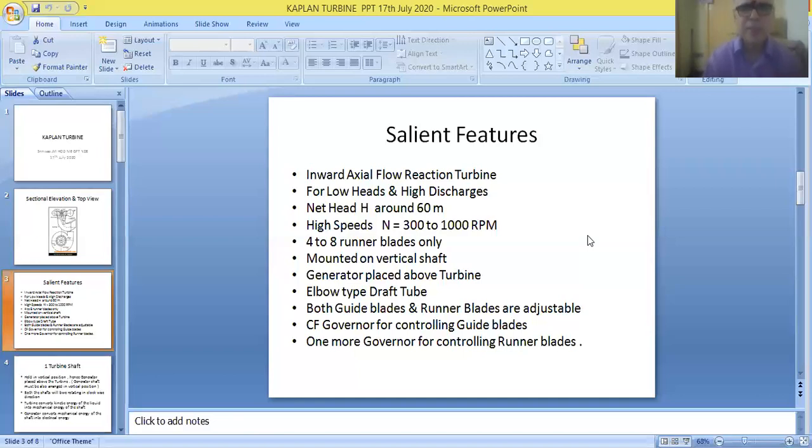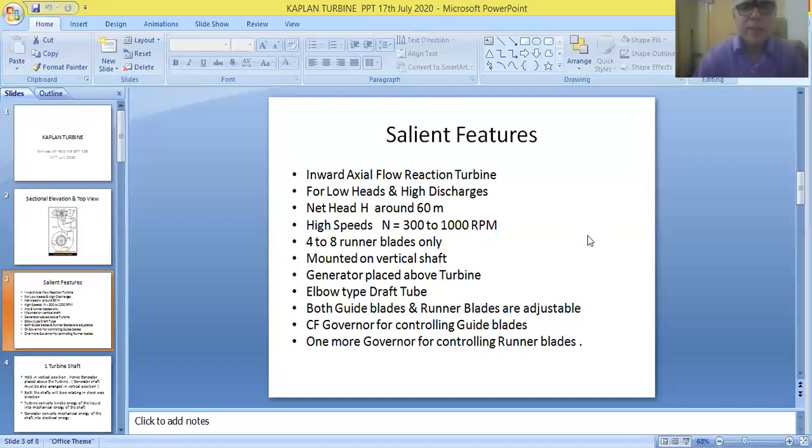Energy is expressed in terms of meters of water, so it will be around 60 meters of water. These values are also very important while explaining the working of these machines.